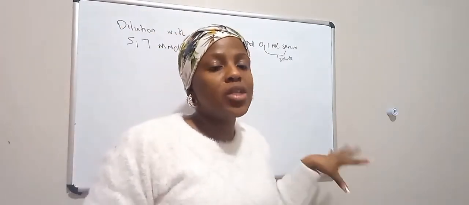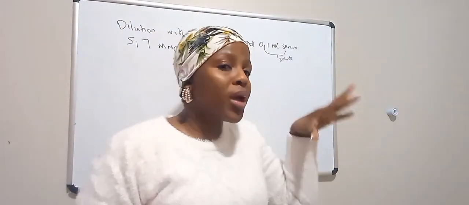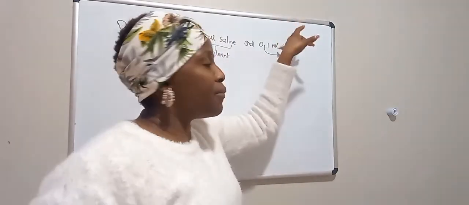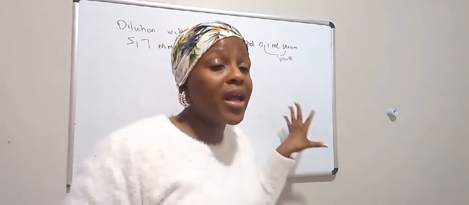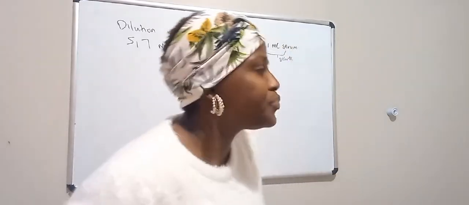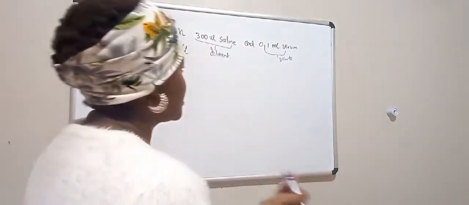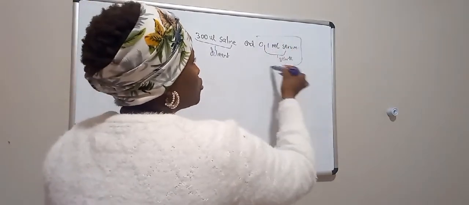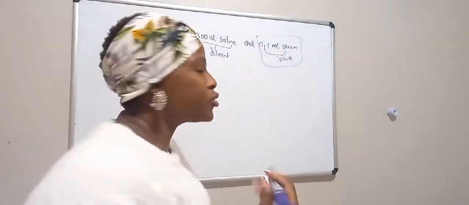We are going to convert the milliliters to microliters. I like to work with whole numbers instead of decimals, especially if I have an option. So in this case, I do have an option. So the first step will be to convert that to microliters.